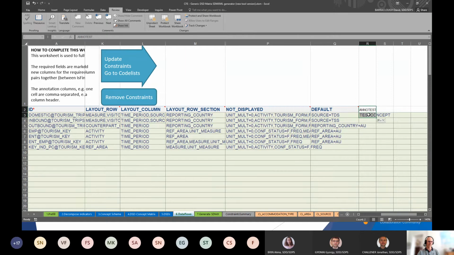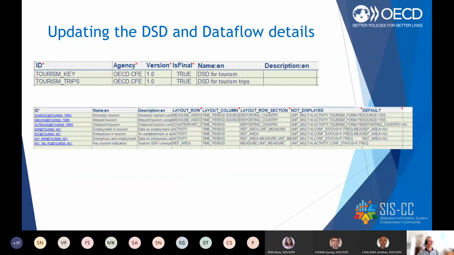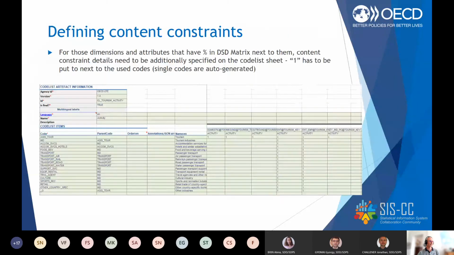So you can add custom annotations, but of course .Stat has to be able to process that as well. Okay, let's go back to the slides. I've described the categorization and the default layout.